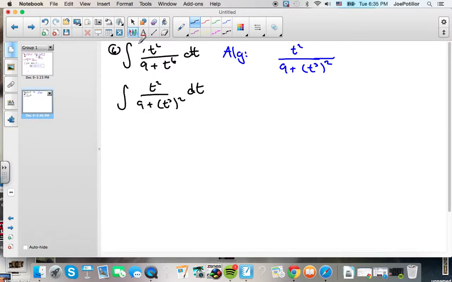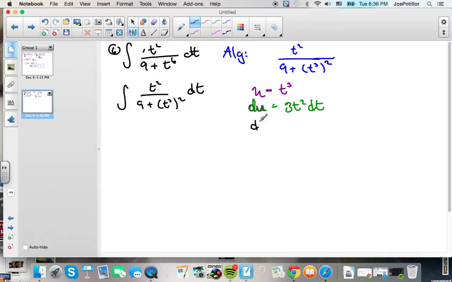Now the substitution becomes really obvious. So the substitution will be u equals t to the 3rd. And then taking the derivative of that, we end up with du equals 3t squared dt.